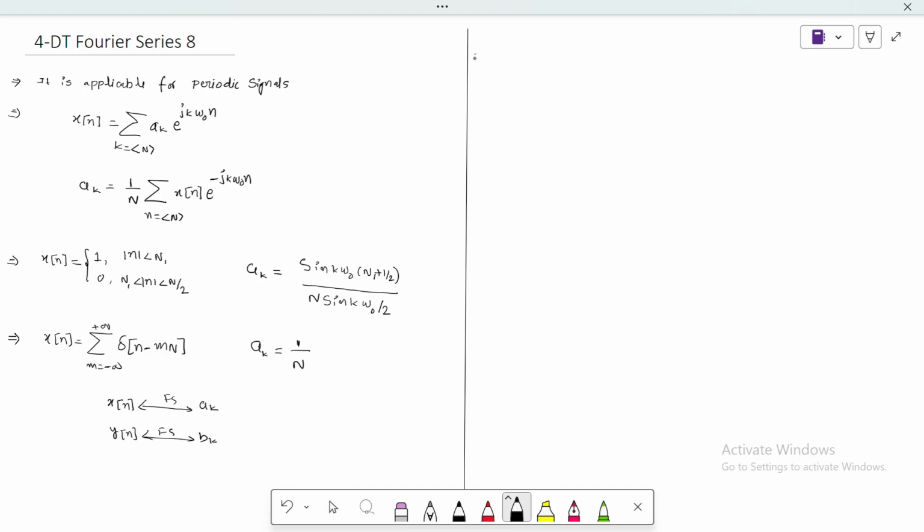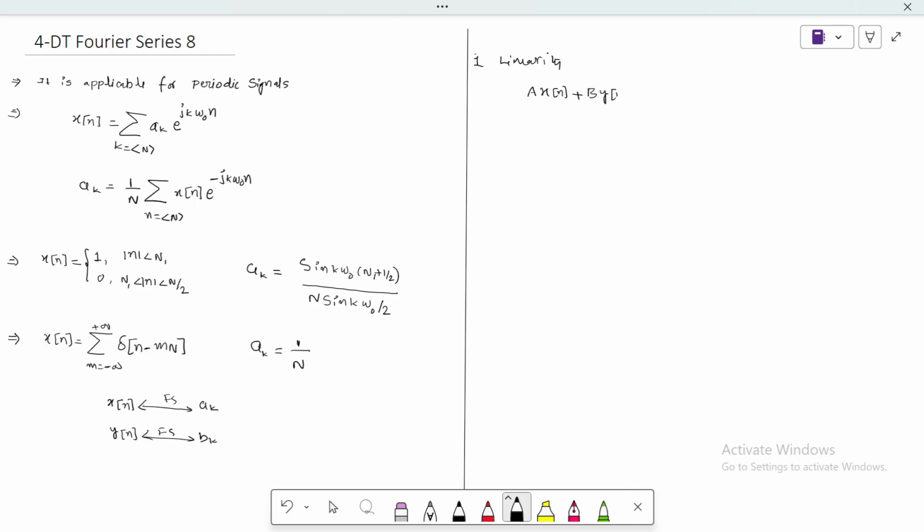The first property is linearity. Linearity means taking multiplication by a constant for one signal, plus the additivity property. For linearity, it should follow the additivity and scaling properties.